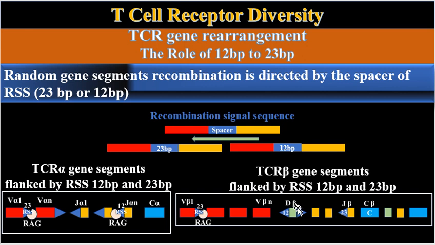However, the D beta segment is flanked by a 12 base pair spacer, or 12 base pair recombination signal sequence, at both sides.